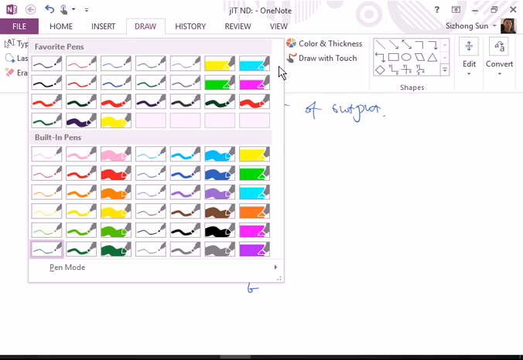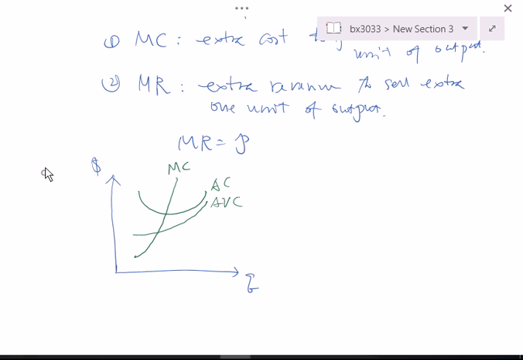Suppose the market price is at this level. So that's the price. You should know that this is also the marginal revenue curve that the firm is faced with.